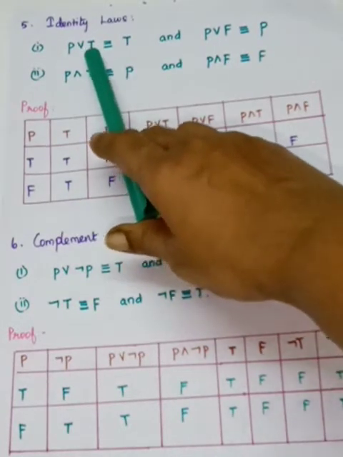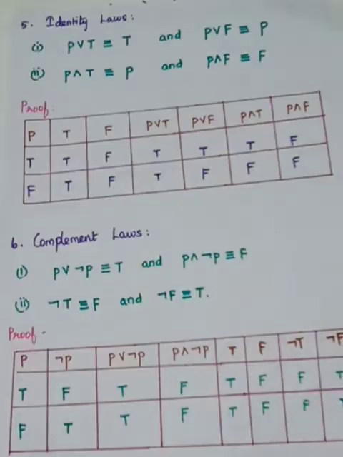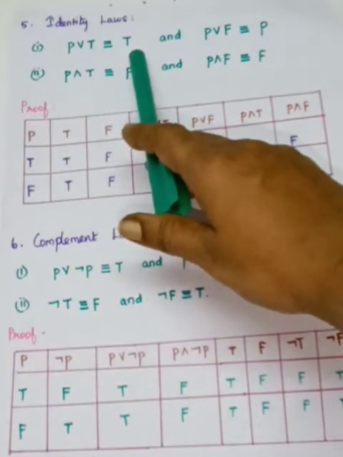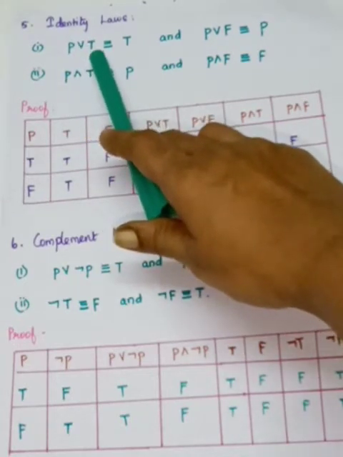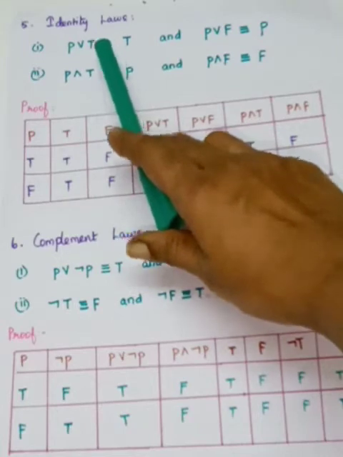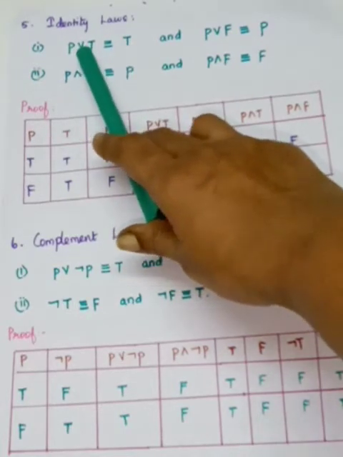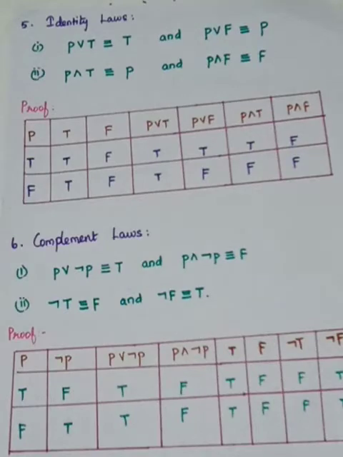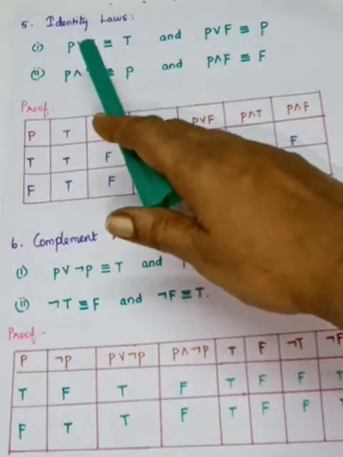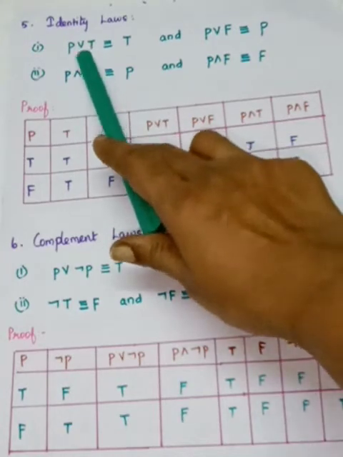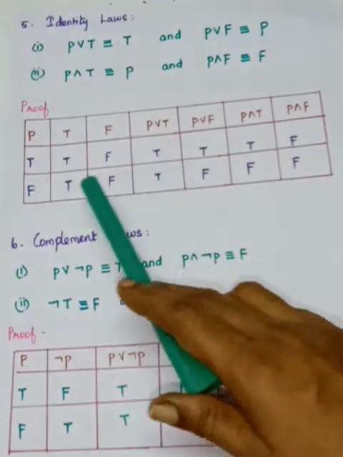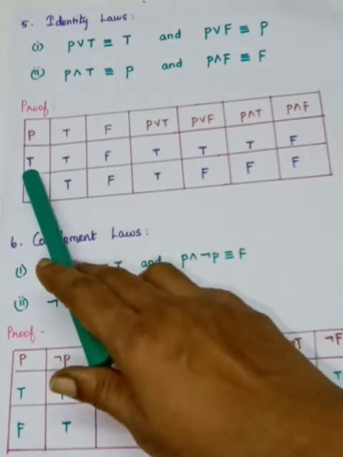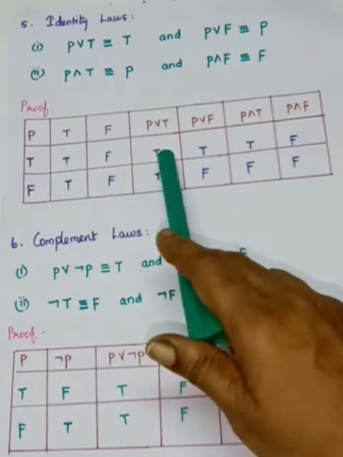So here you have true, so P or T is equal to T. Any statement with the connective OR used with T is logically equivalent to T, because if the connective OR comes, any one true makes it true. Here, if P is true, it is true and true, so it is true.